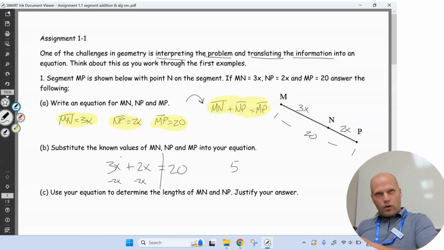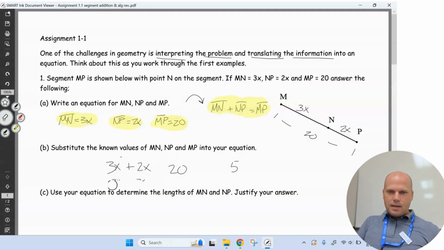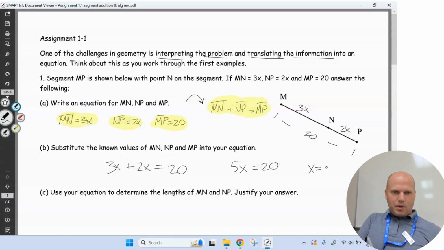So just remember, I like to say same side combine. And then if you're working on both sides, keep it balanced. So same side, we're just combining. And then we can either do this next step in our head to know that x is 4, or keep things balanced, divide both sides by 5, and here we go, x is 4.